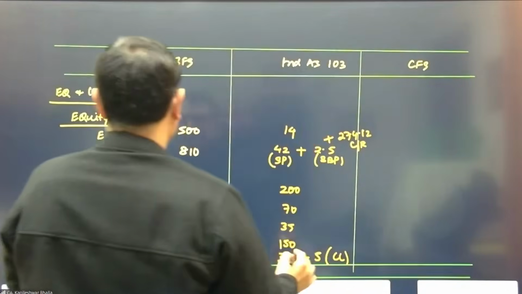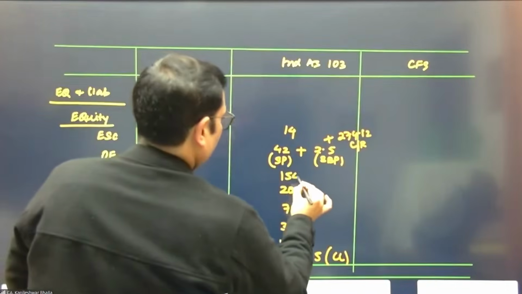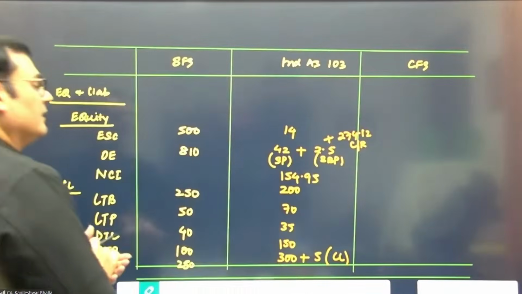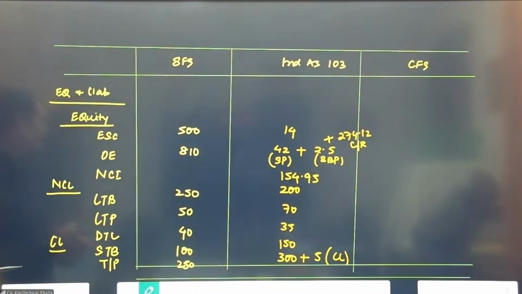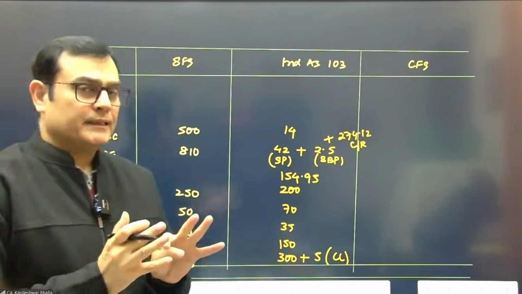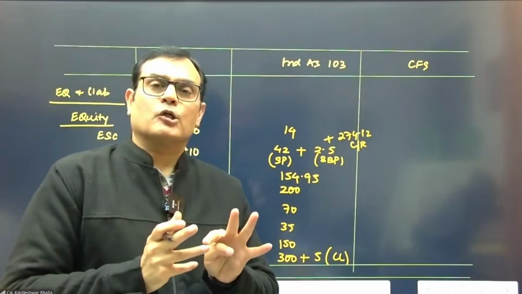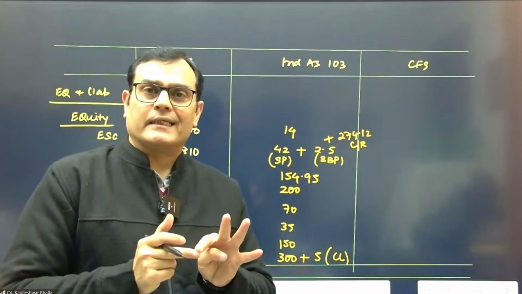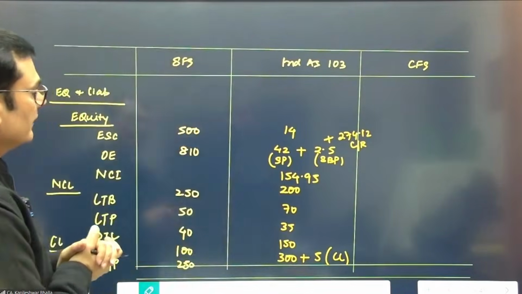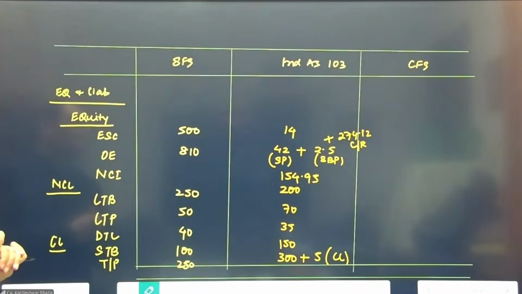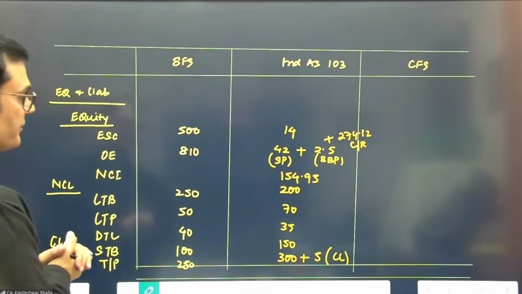And the NCI, I think, was 154.95. So I guess the entire entry is incorporated. Net assets done, goodwill done, NCI done, capital reserve done. Everything is done. Now we can get the consolidated financials.